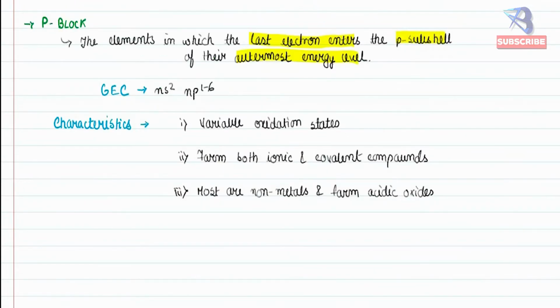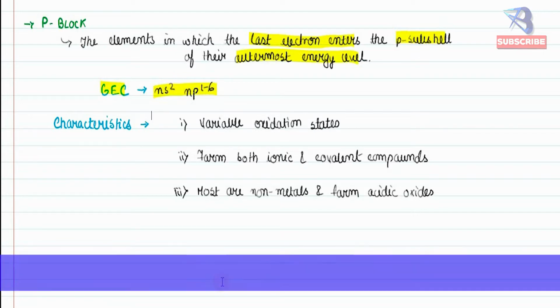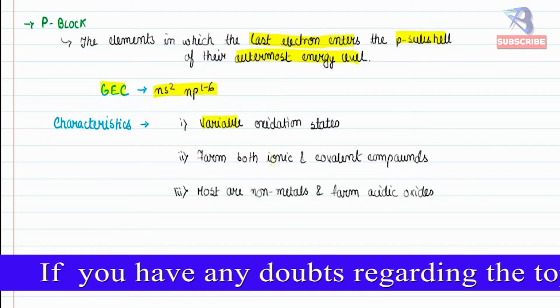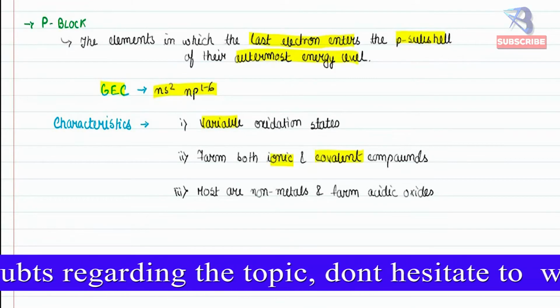Certain characteristics of p blocks. The general electronic configuration, as we know, is ns2 np1 to 6. What are the characteristics? The characteristics are very varied. That's why I have told you this is the most varied, most diverse block of the periodic table. So it shows variable oxidation states, and forms both ionic and covalent compounds.